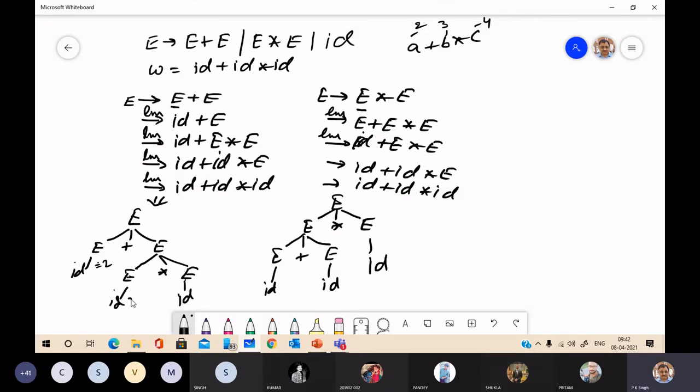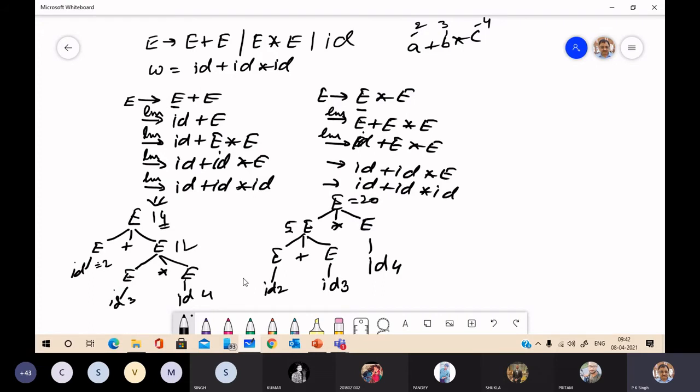Now evaluate this syntactic structure: 3 into 4 is 12, plus 2 gives 14. In this syntactic structure, 2 plus 3 gives 5, and 5 into 4 gives 20. Two different meanings of the same expression, A plus B into C.